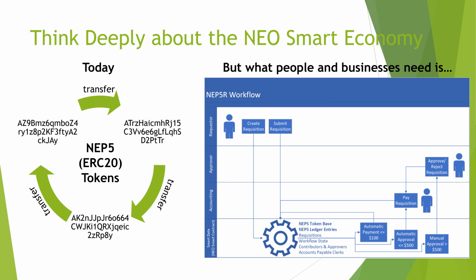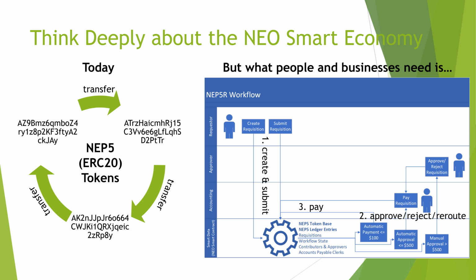But what people and businesses really want is the ability to enact business processes on the blockchain. For example, being able to create and submit a timesheet or an expense report, have that expense report reviewed, approved, rejected, or perhaps rerouted to someone else, but ultimately to be paid for the hours in the timesheet or the expenses in the expense report.